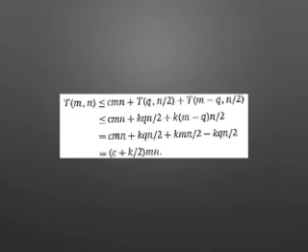Now, assuming T(m prime, n prime) is less than or equal to k times m prime n prime holds for pairs with a smaller product, we have T(m, n) less than or equal to cmn plus T(q, n/2) plus T(m minus q, n/2), which is less than or equal to cmn plus kqn/2 plus k times (m minus q) times n/2, which equals cmn plus kqn/2 plus kmn/2 minus kqn/2, which equals (c plus k/2) times m times n.